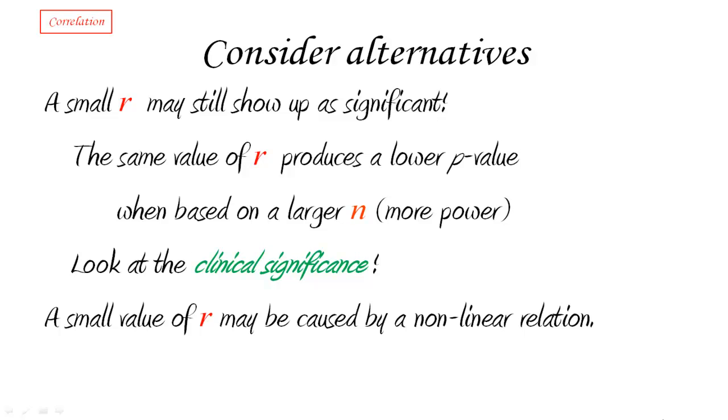It's possible that two variables are related, just not linearly. So what you need to do is, once again, always look at the scatter plot. So never make strong conclusions. I would suggest never make any conclusions based on the correlation coefficient by itself. Always look at its value, at its p-value, and at the scatter plot, most importantly.